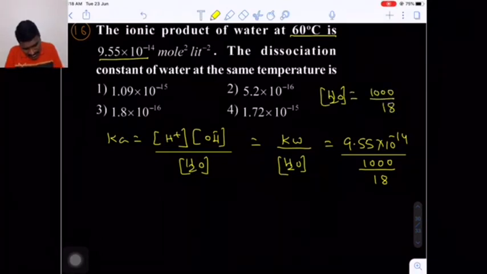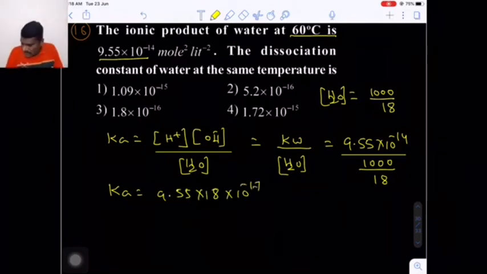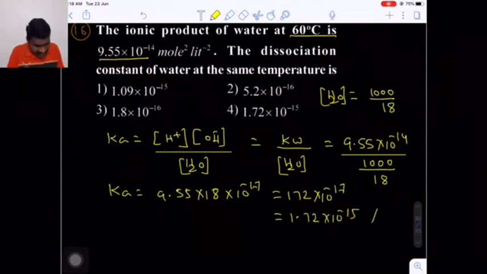Now here Ka will be equal to how much? 9.55 into 18 into 10 raised to minus 17, which will be equal to 172 into 10 raised to minus 17, which will be equal to 1.72 into 10 raised to minus 15. That is option number 4.